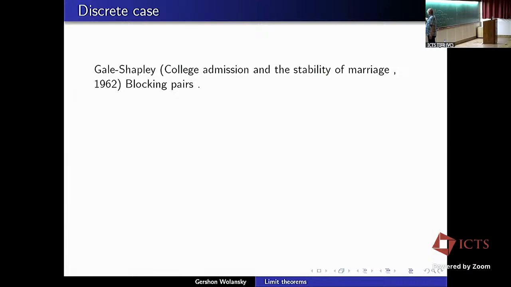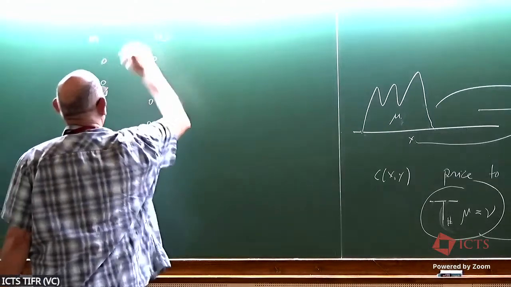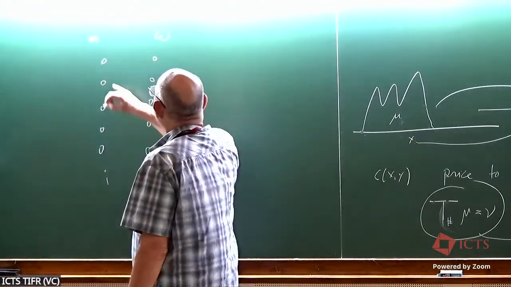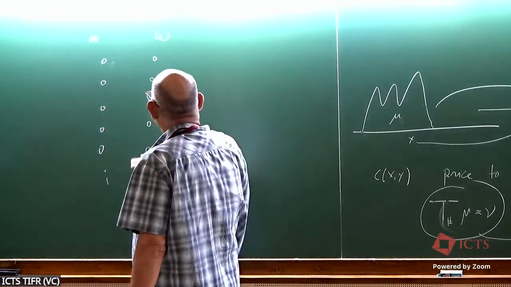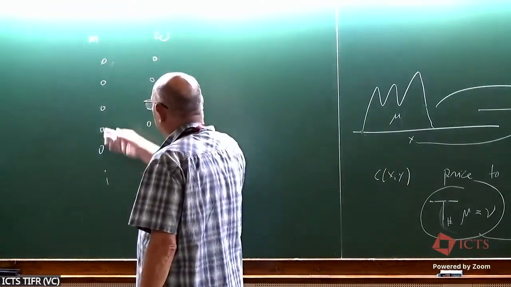a group of n men and n women. This is the men, the women. Each man grades the women according to a preference list, and each woman grades the men according to her preference list.